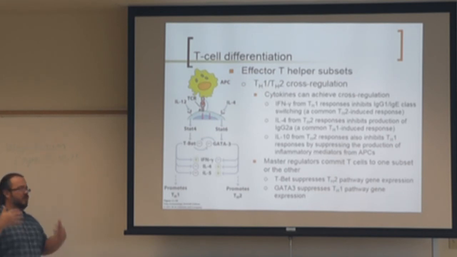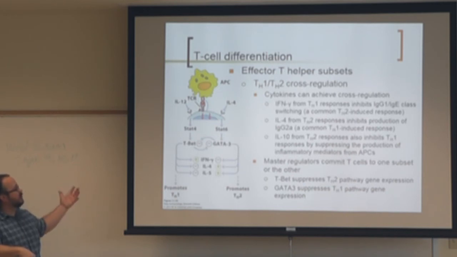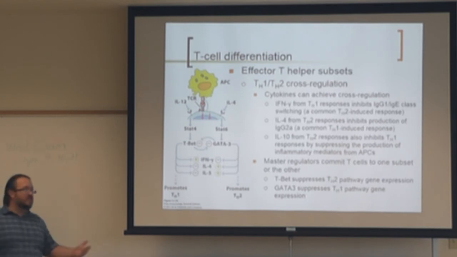This helps strengthen whether I'm going to have a Th1 or a Th2, and this is why you will probably never see both occurring at the same time. If I have more interferon gamma than IL-4, I'm going to get Th1s. If I have more IL-4 than interferon gamma, I'm going to get a Th2, and it's going to block Th1. The same thing happens between Th17s and Tregs, where the deciding factor is IL-6.